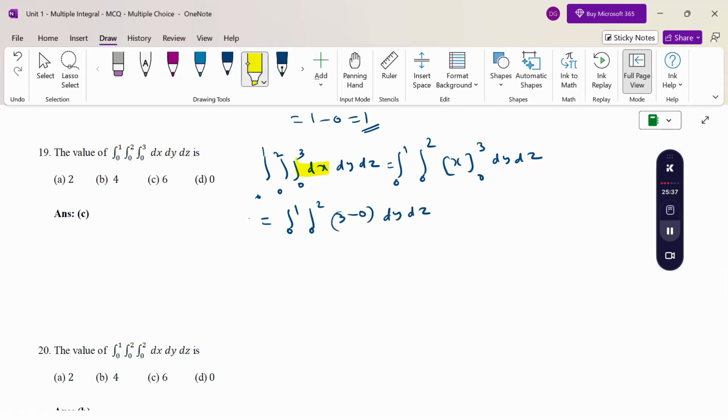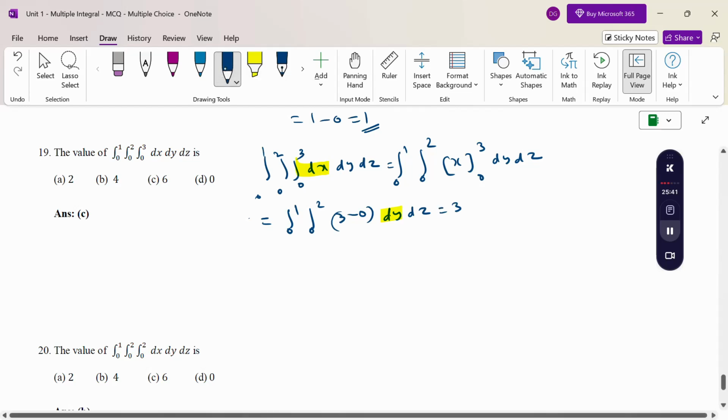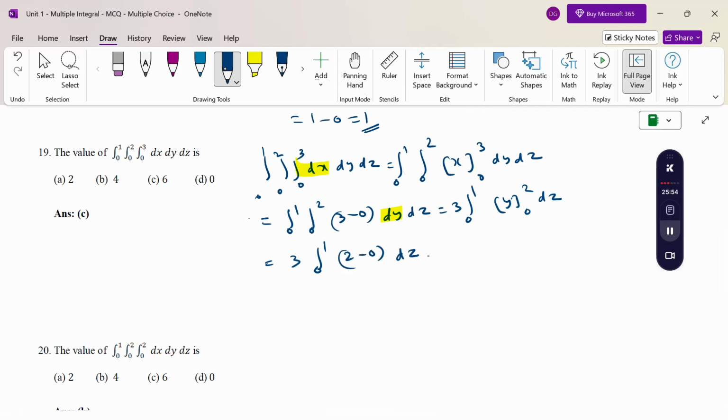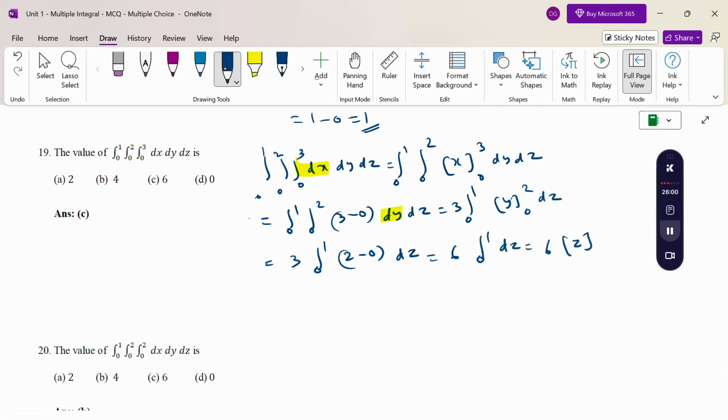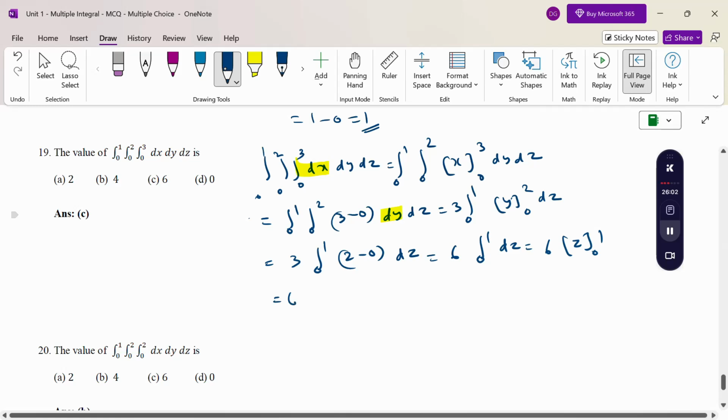Now taking 3 as constant, integration next with respect to y, y from 0 to 2, dz, then 2 minus 0 dz. Now taking 2 common, 3 into 2 is 6, integral 0 to 1 dz, and the integration of dz from 0 to 1 gives 6 into 1 minus 0, so 6 is the answer. The option is C.